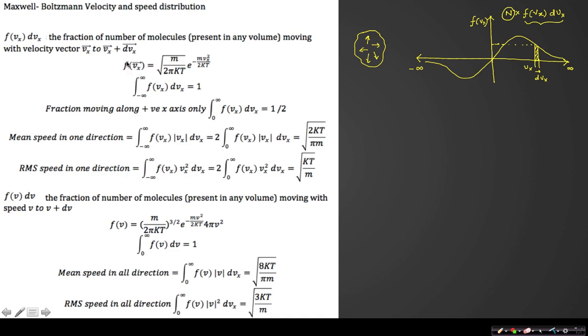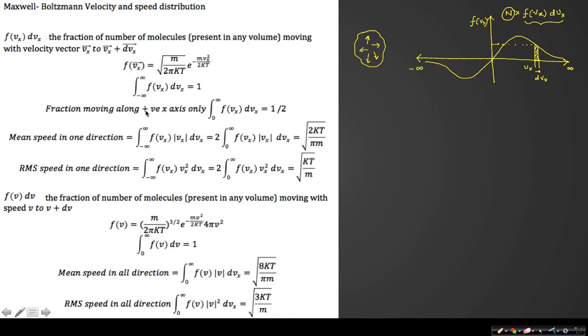Here I have written the function f of Vx, and it is not mandatory to remember or memorize this function. It is not needed anywhere in any mathematical calculations or numerical examples. But we will try to understand how to apply this particular formula. So here, the integral from minus infinity to plus infinity of f of Vx dVx equals 1, obviously, because all the molecules moving in the x direction have a velocity ranging from minus to plus infinity.